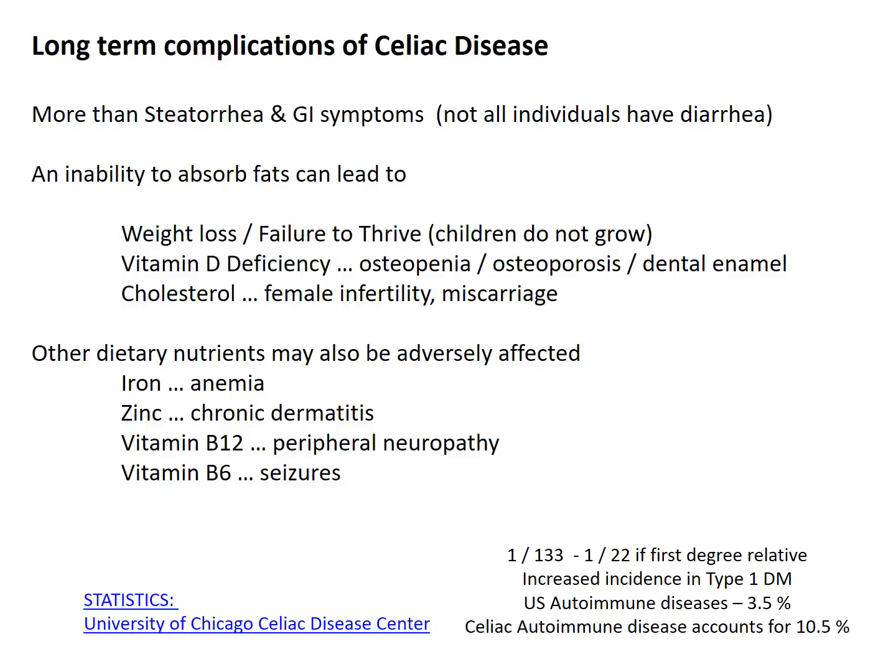You can see that the incidence is higher in families who already have it. The incidence is higher in individuals who have underlying type 1 diabetes mellitus. And in their epidemiology, they state that about 3.5% of the population has some form of autoimmune disease, and celiac disease accounts for about 10% of all the autoimmune diseases which occur in the US.